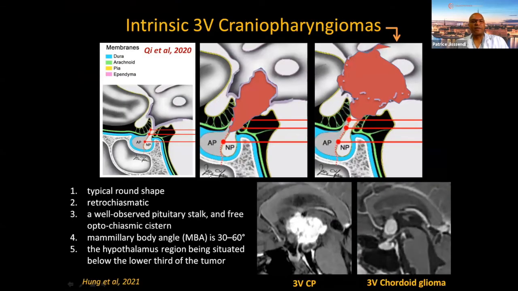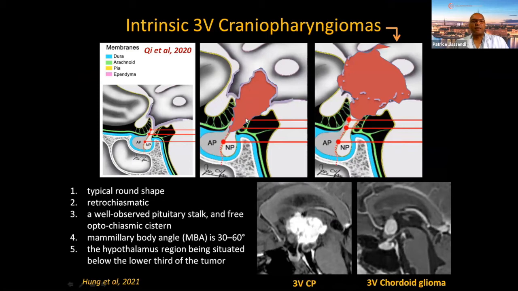So according to this paper, if we consider the central location of the tumor, we can make the difference between intrinsic third ventricular craniopharyngiomas and non-intrinsic craniopharyngiomas.